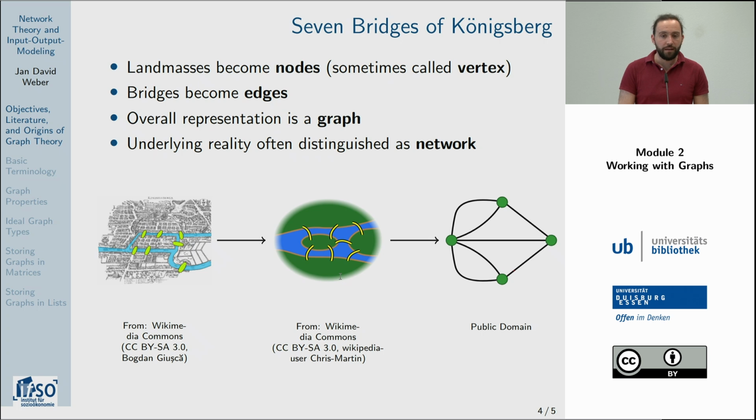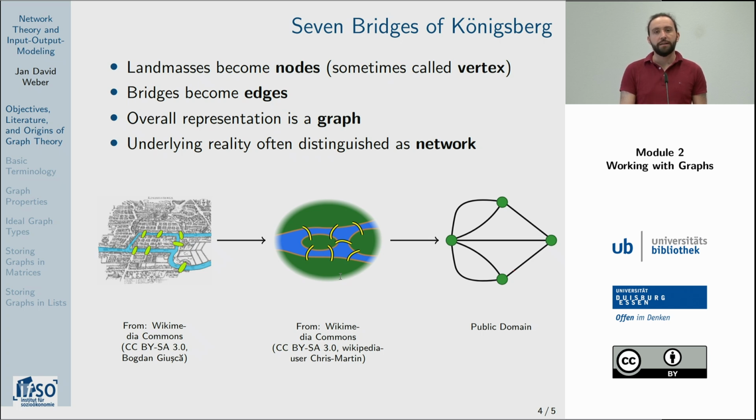So the underlying reality is the network. And this is something we will stretch through this class and through the videos. When we talk about network theory, it's actually kind of a misleading title, I would say, because we're actually talking about graph theory, where graph is just the representation of reality. So in economics, you're familiar with models, and you know how little they sometimes have in common with reality because they abstract from reality.